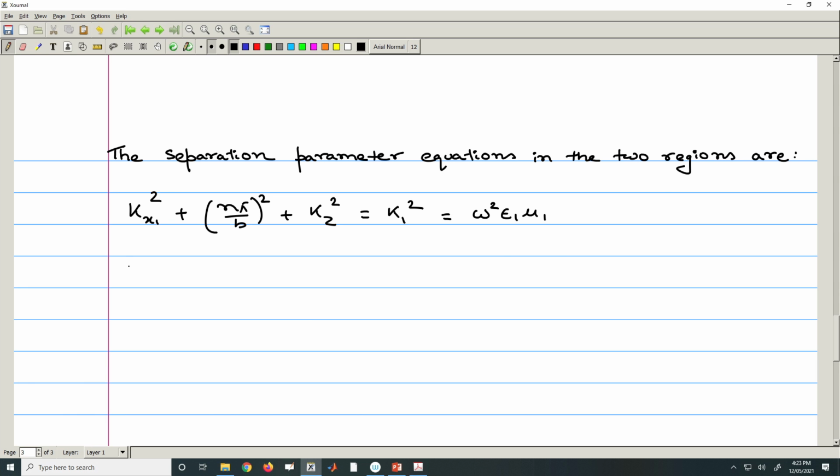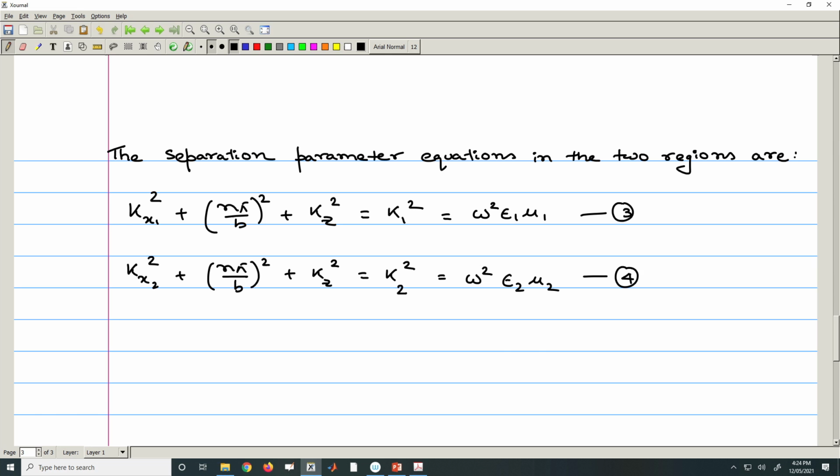Similarly, kx2 square plus n pi by b square plus kz square equals k2 square, which is omega square epsilon 2 mu 2. We denote these two equations as equation number 3 and equation number 4.